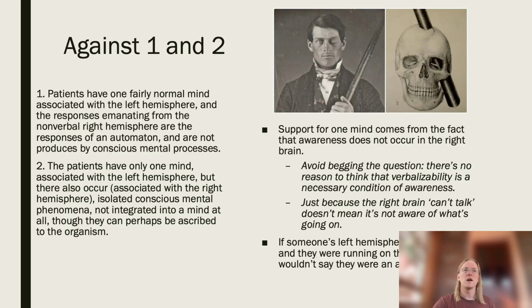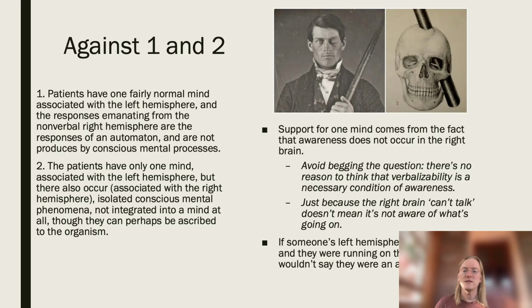Just because there's not a verbalizability in the right hemisphere does not mean that there is no mind. It looks like the right brain is capable of producing functional and coherent behavior on the basis of sensory stimuli, and just because the right brain can't talk doesn't mean it's not aware of what's going on.